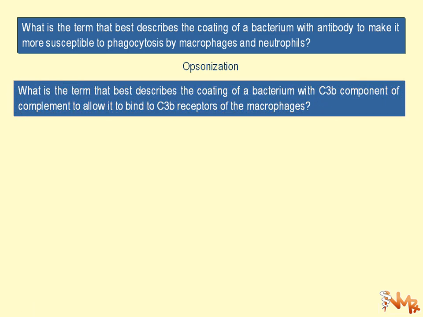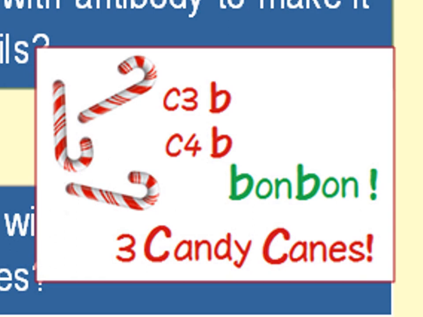What is the term that best describes the coating of a bacterium with C3b component of complement to allow it to bind to C3b receptors of the macrophages? Again, this is opsonization. And of course, I've already shared this mnemonic with you that C3b in particular and C4b as well, they are known as famous opsonins.